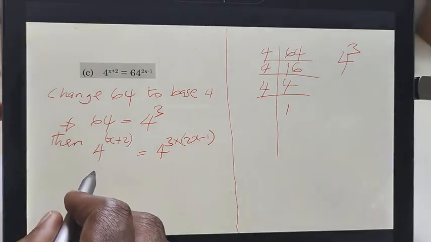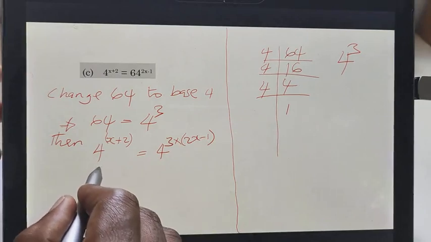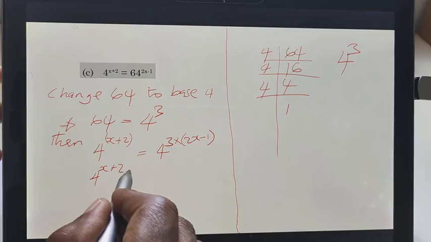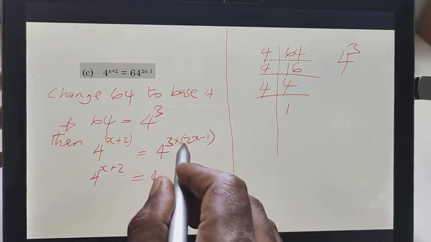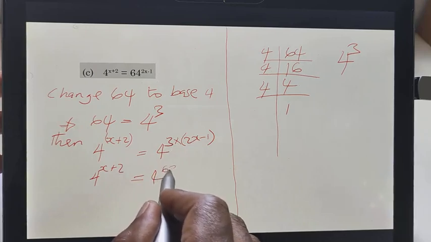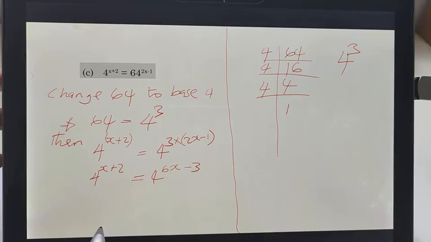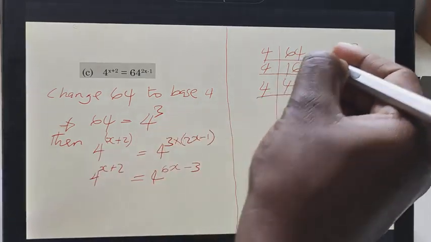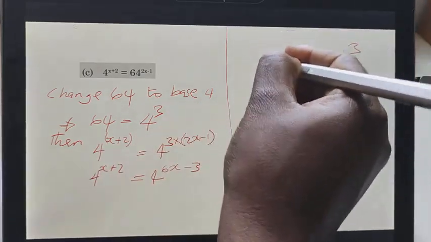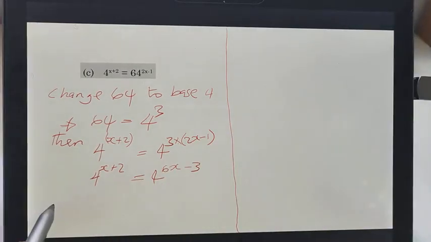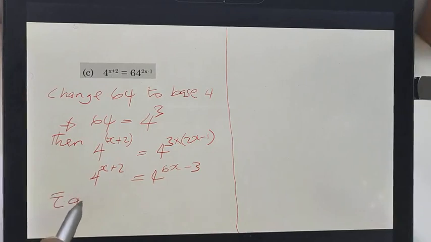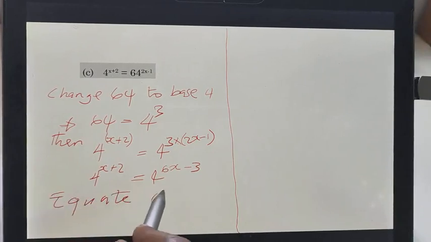So this one can be written as 4 to the power x plus 2 is equal to 4 to the power, let's expand that, 3 times 2x, that's 6x minus 3. Then reaching that far, we are now safe. We can equate the powers.